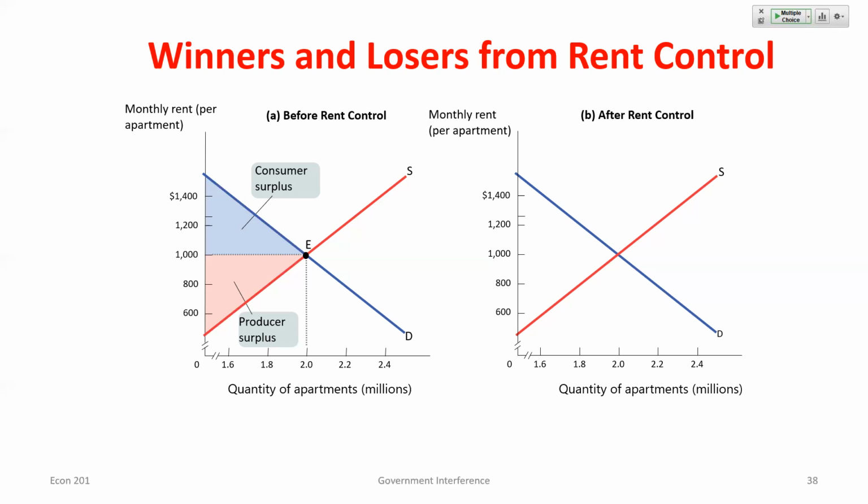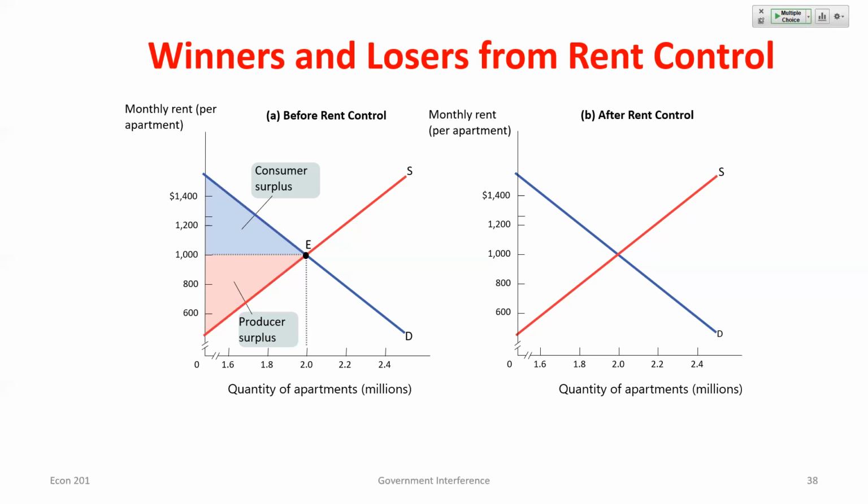From the consumption of apartments in this example, the consumer surplus is that blue area: above the price consumers are paying, but below their marginal benefit, which is reflected by the demand.